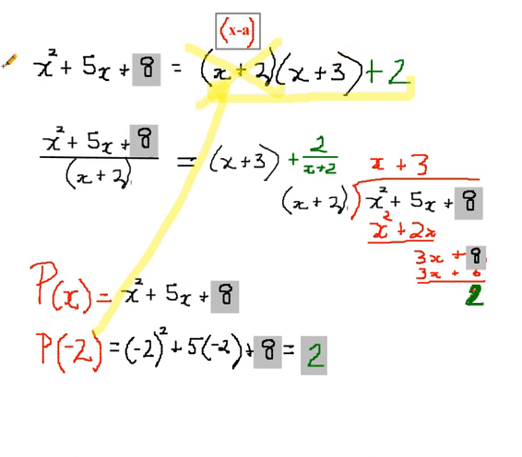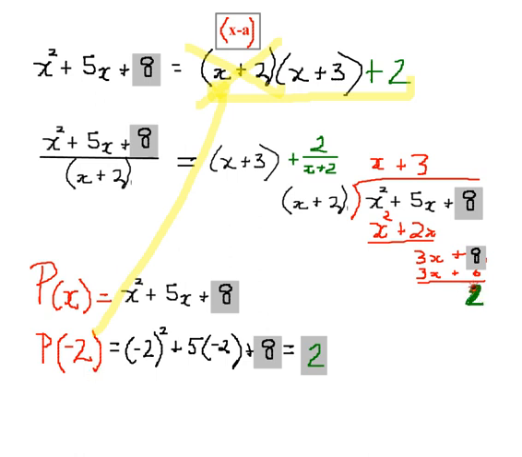It doesn't matter what happens in this place here. Negative 2 plus 3 happens to be 1, but even if it didn't, this is 0 times whatever this is. 0 plus 2 is all that can come out of this. It's a very strategic number to sub in, that negative 2. So we get this 2 out of the function evaluated at negative 2.